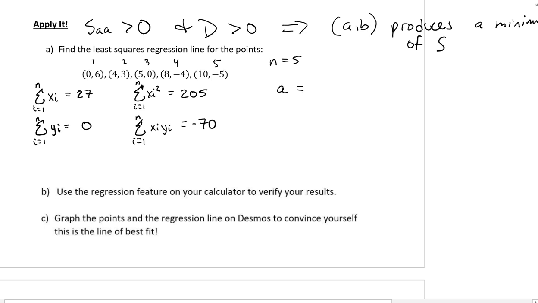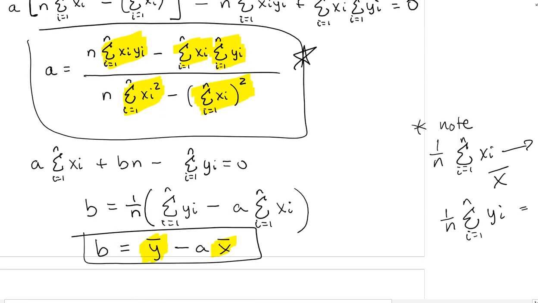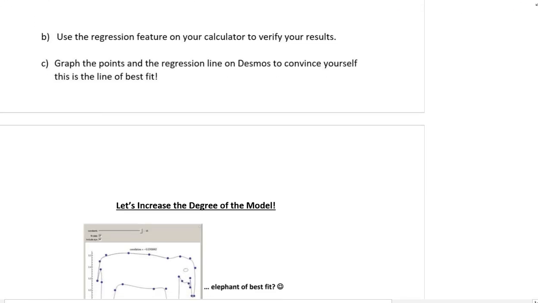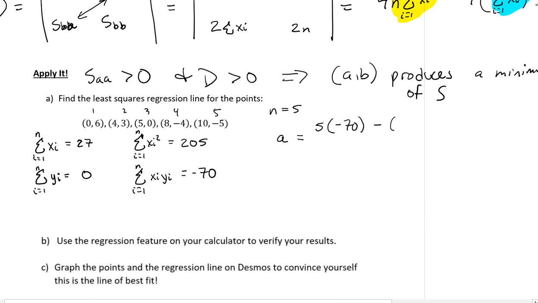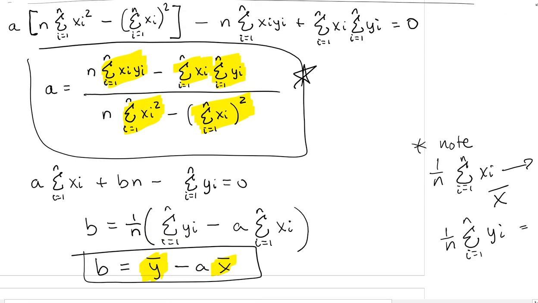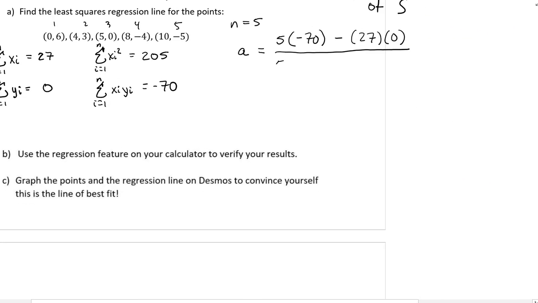And with all of these pieces, and noting that n is equal to 5, we can calculate our a value, which is n times the sum of the products, negative 70, minus the sum of the x's, 27, times the sum of the y's, 0, over n times the sum of the x's squared, 5 times 205, minus the square of the sum of the x's, 27.